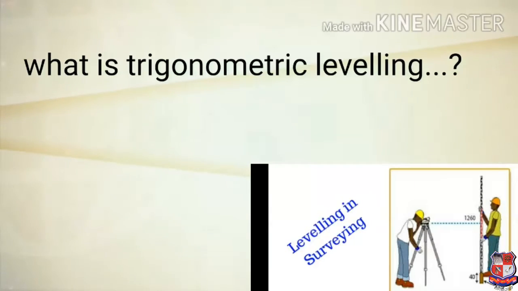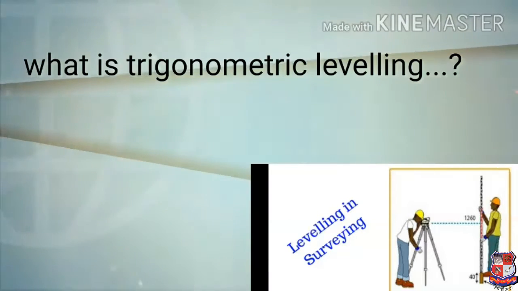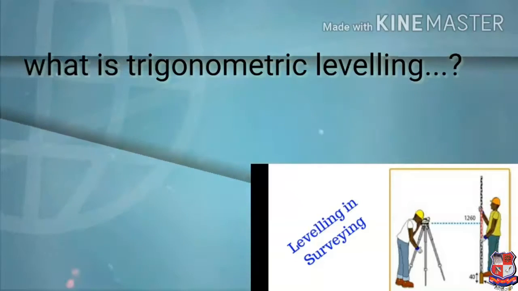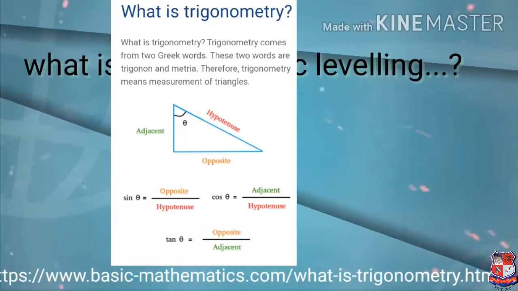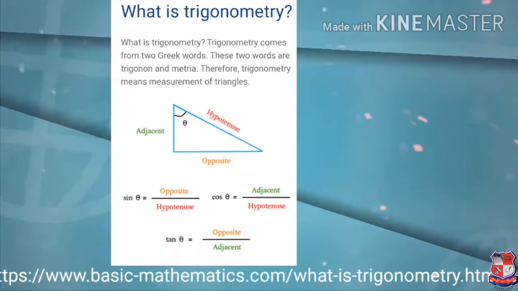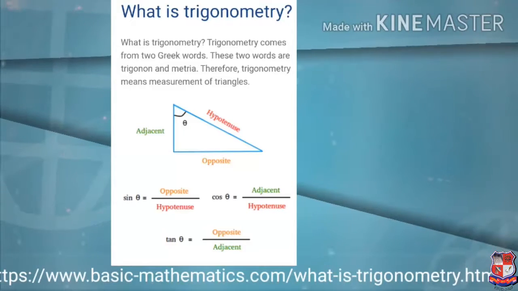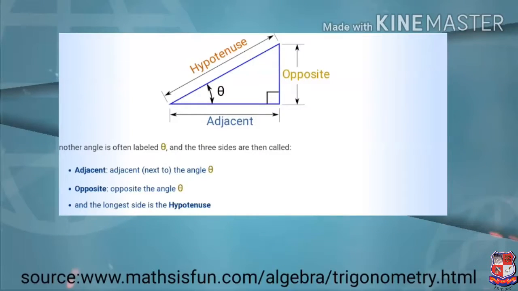Now, what is leveling? Leveling basically deals with the measurement of height or elevation. Trigonometry, as we know, is the branch of maths which deals with the relationship between side lengths and angles of a triangle.